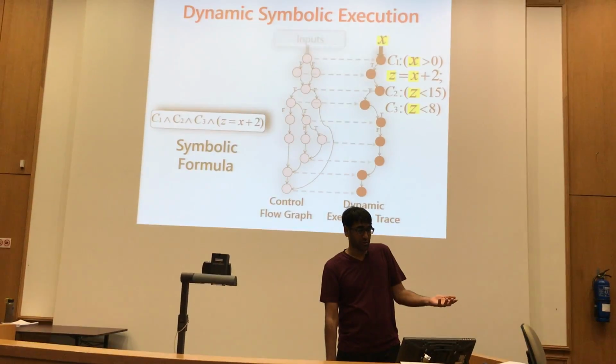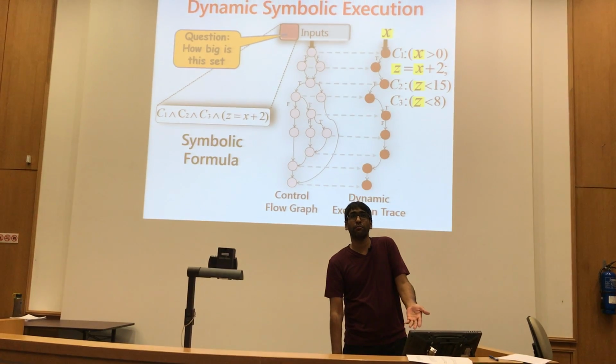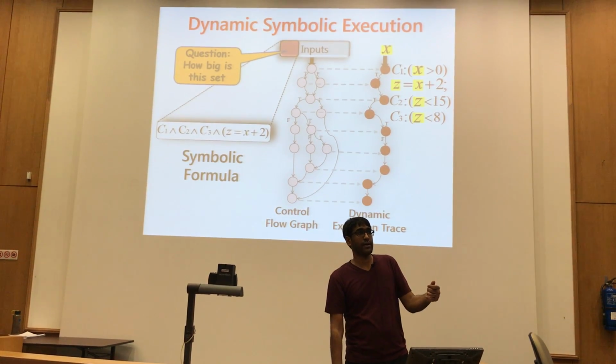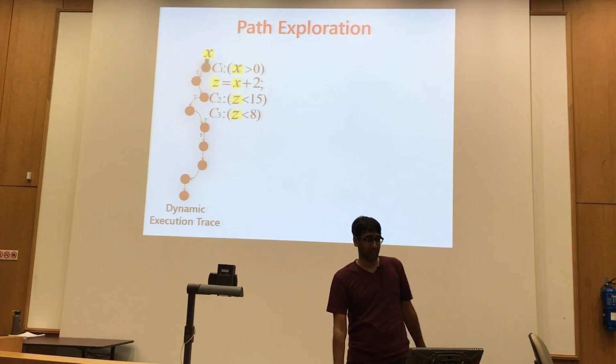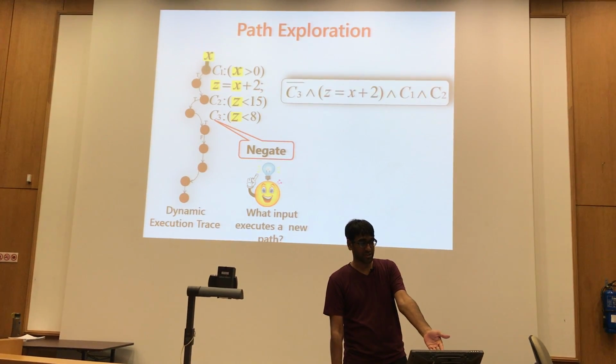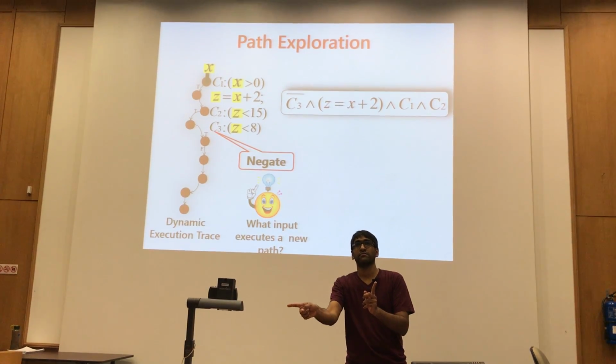And in fact, what you can do is ask very creatively and say, I know this path. I know the set of values that will go down this particular path. I can easily construct a set of values that go down a slightly different path. The way you do that is you get your symbolic formula for that path, and you just negate a branch condition which you want to go in the other direction.